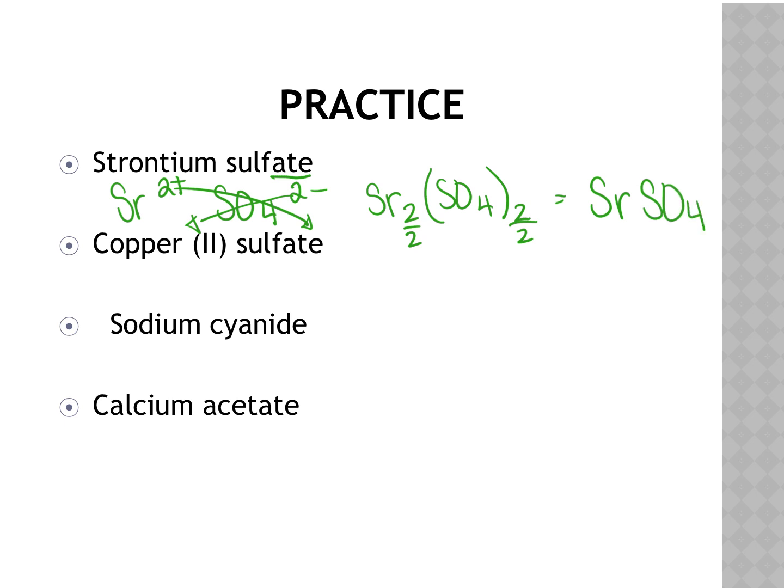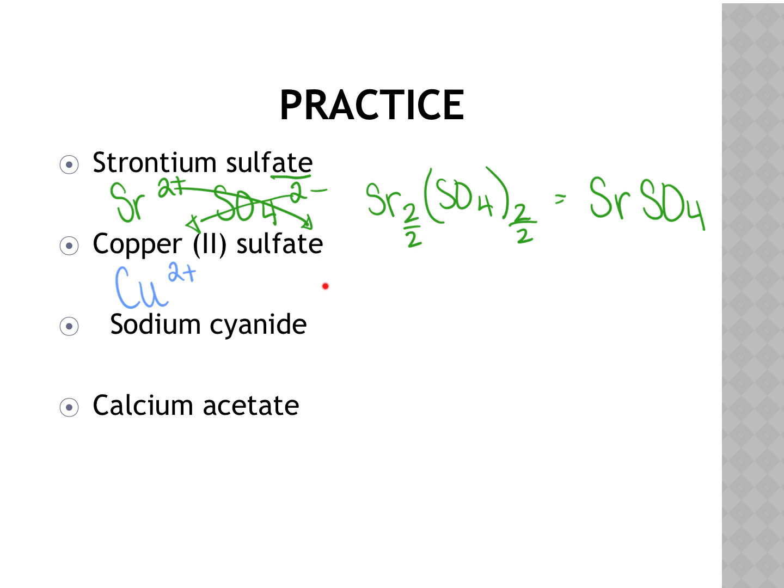Okay, now let's write the formula for copper(II) sulfate. What's the symbol for copper? Okay, Cu. What's the charge? Okay, plus 2. We're getting that from the 2 in parentheses here. And then sulfate, what's that ate telling you to do?